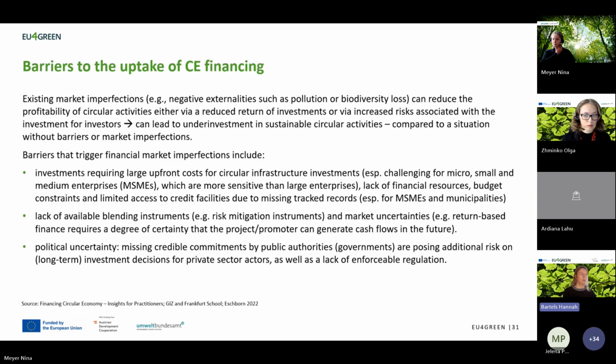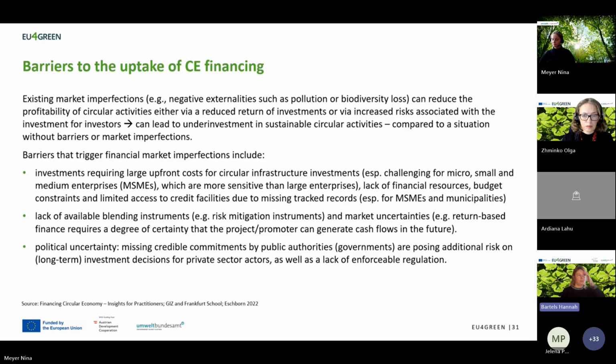There it can be argued that we're missing credible commitments by public authorities, in particular governments, that pose additional risk on investment decisions and would potentially keep private investors from making those decisions. Also, in particular, when enforceable regulation is not in place.